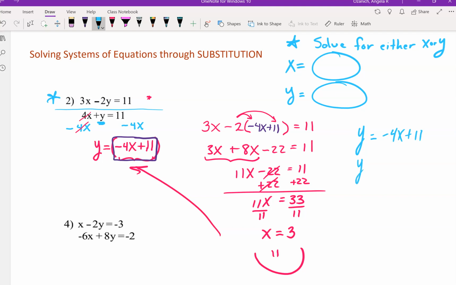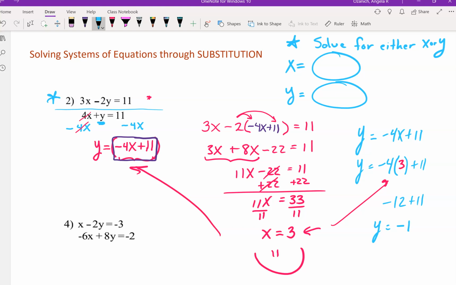But you know that x is equal to 3. So we're going to take that little 3 that we had right here, and we're going to jump it right into your formula for y, right over there. Okay, we'll just keep going. So we get negative 12 plus 11, which simplifies to y is equal to negative 1.